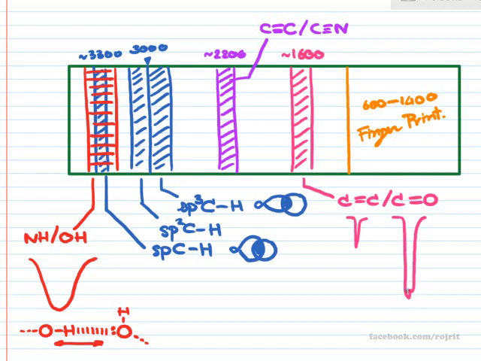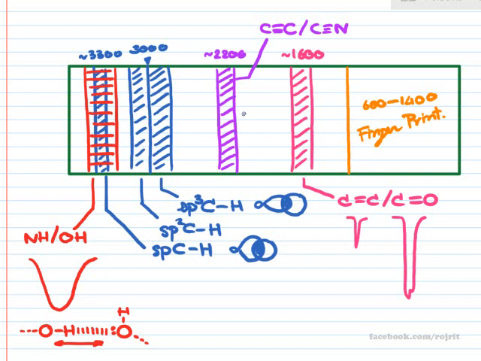And again for C triple bond C and C triple bond N, the nitrile and the alkyne, it is similar to this one. Nitrile is more polar than the alkyne, so the alkyne has a weak absorption, but the nitrile has a strong absorption, a very sharp peak downward.